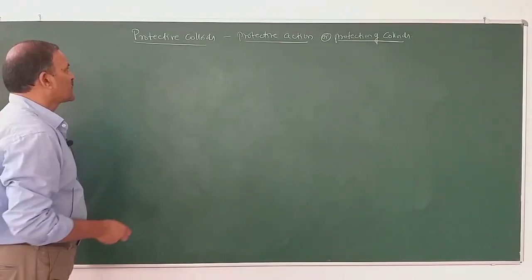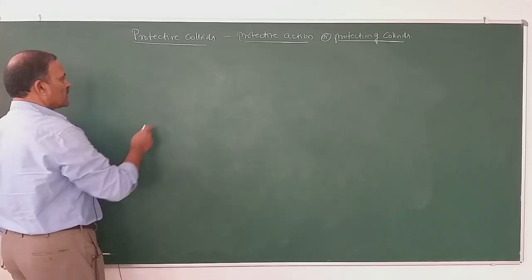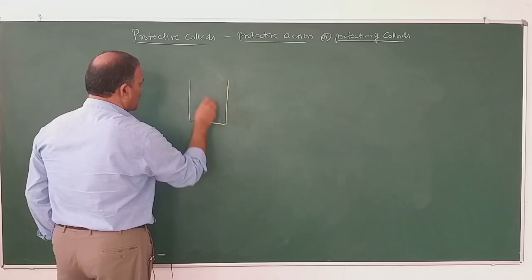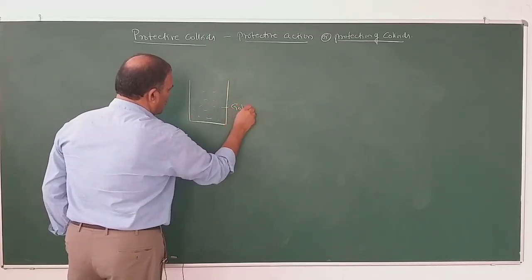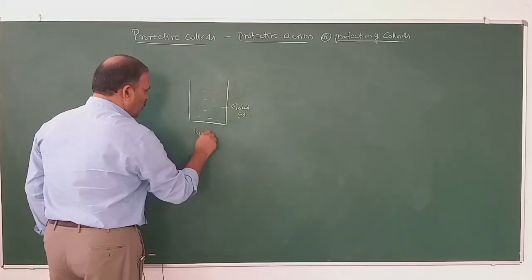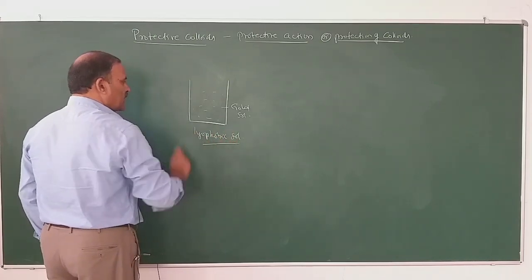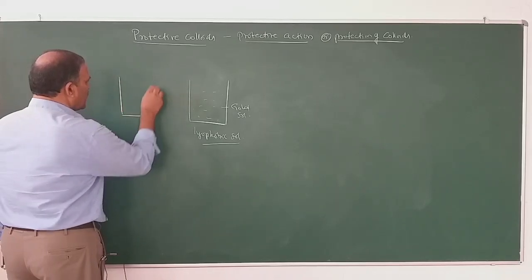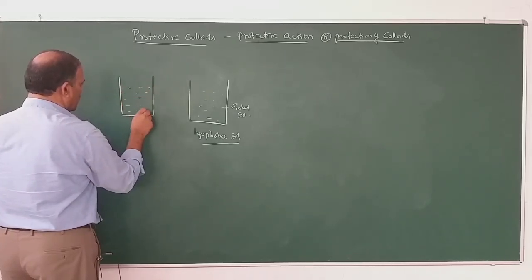So next we will study protective colloids. What are protective colloids? Say for example, here is a salt which is gold salt. Gold salt is a lyophobic salt. What is lyophobic salt? It is a solvent hating salt. And here it is a gelatin solution or gum solution.